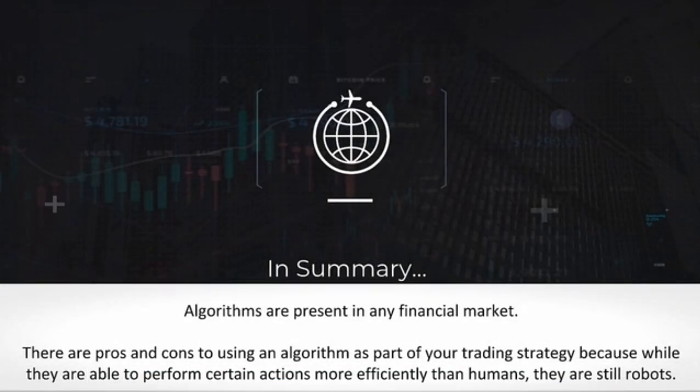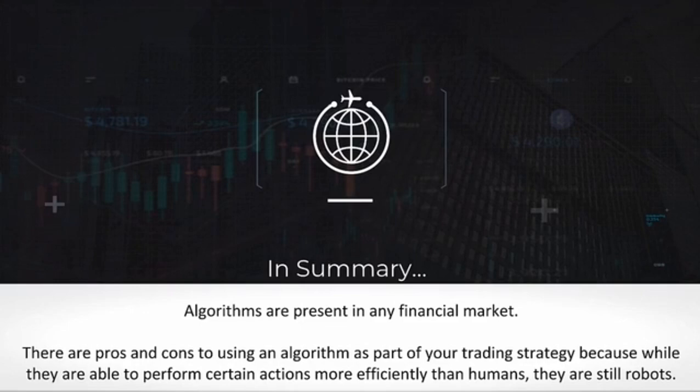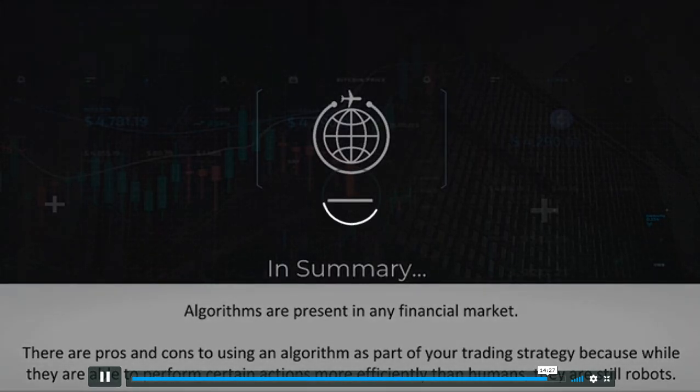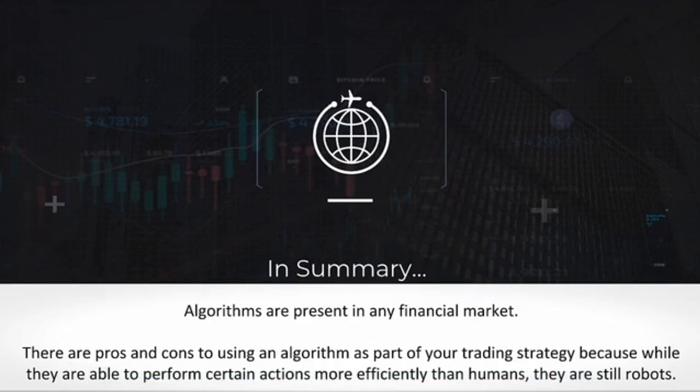There are pros and cons to algorithmic trading as part of your strategy, because while they are able to perform certain actions more efficiently than humans, they are still robots, and they don't have the added benefit of tapping in to human emotion, to human intuition, and any algorithm at some point in its existence was also programmed by a human. So inherently, the algorithm is going to have certain thoughts, ideas, and beliefs instilled inside of it.